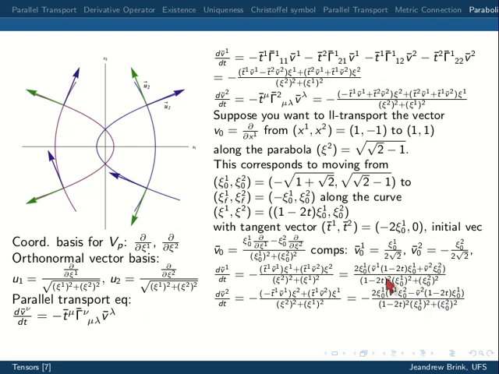Because these equations you can just solve like with the Python code that you guys are familiar with that I gave you for the Strogatz course. I mean, that's literally what they are. You have a set of non-autonomous equations that you can just specify the right-hand side for and then solve on the computer, and it'll actually draw you the line. Or rather, you can actually plot the solution, which will give you the line, and you can plot your vector components, and you'll see how it's parallel transported.